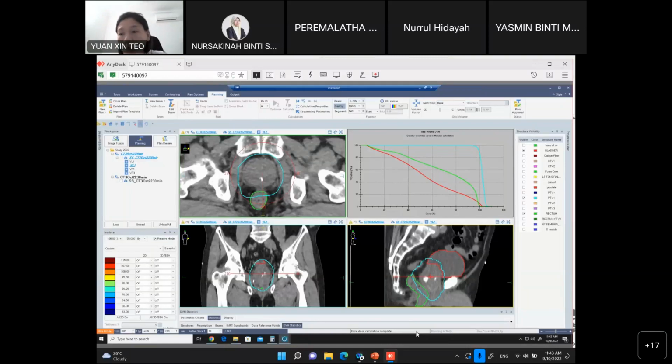So with all this protocol, after 40 minutes, we expect the patient's bladder volume is extended. Then we will perform a scan.